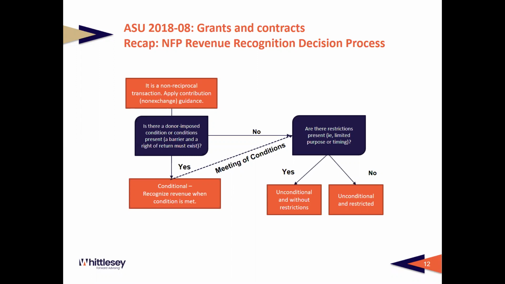Then you would release those funds once the donor stipulations were achieved. If there are no restrictions, then you're recognizing revenue right away. It's unconditional, unrestricted, so there are really no more strings attached.